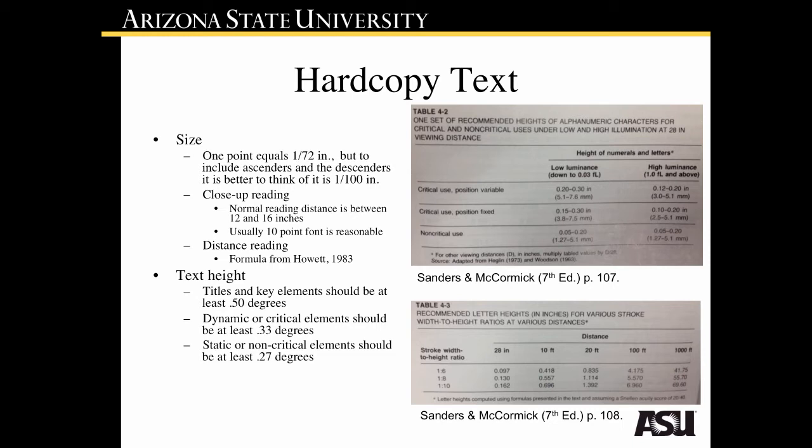Dynamic or critical elements that are not the overall big picture should be about a third of a degree of visual angle. And then static or non-critical items should be about 0.27 degrees of visual angle. And the visual angle is basically the angle that subtends the image on your retina, and that's provided for you in the Wickens book.